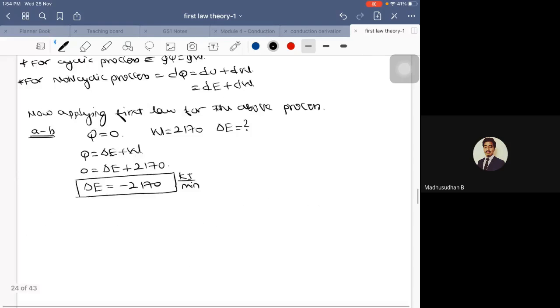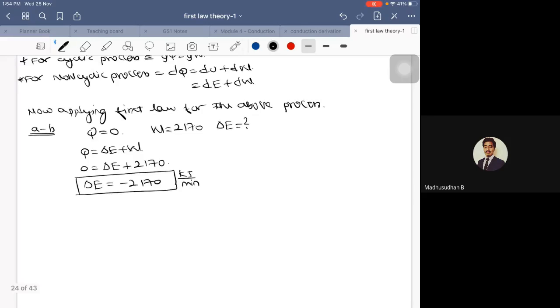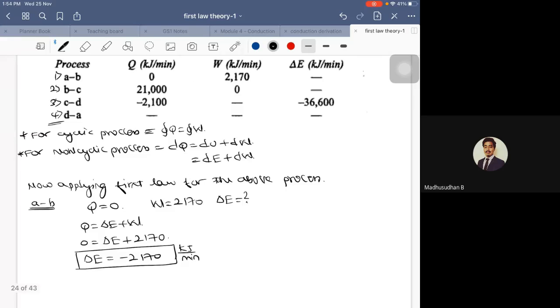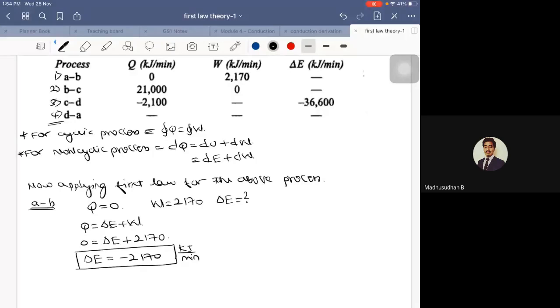Now, next, going further. As soon as I get a value, which is minus 2170, update it back into the table so it would be convenient.